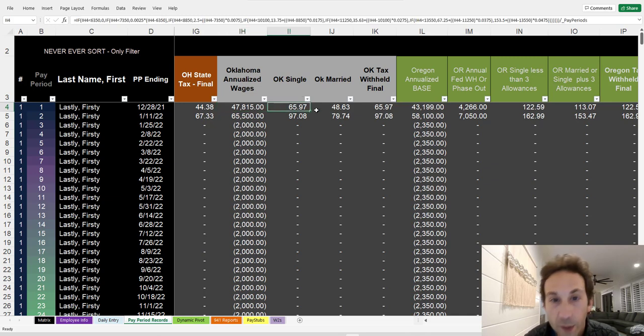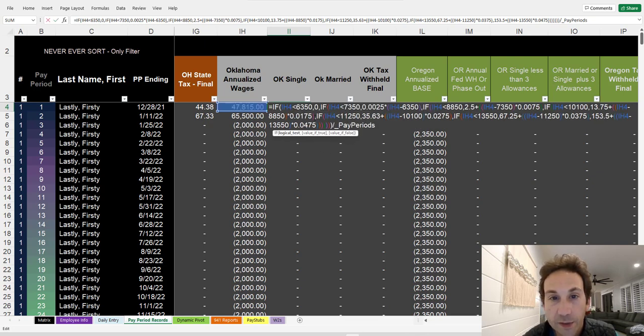So what is the rate? Well, there's one table for a single, and there's one table for married. And the one thing of note is this is a nested if formula that takes a look at what the threshold of income is and then multiplies it by the correct tax rate. Basically, they dropped percentages from, I believe, 0.5% down to 0.25% for the lowest level. Then there was 1% down to 0.75%.